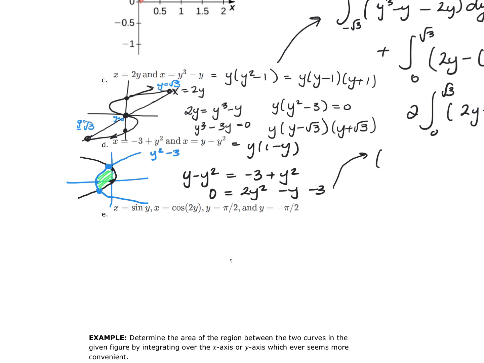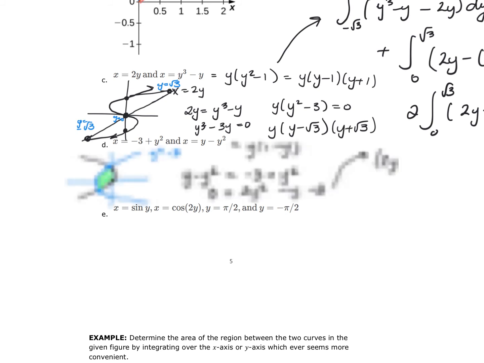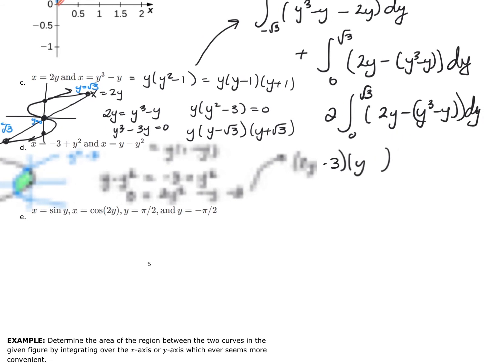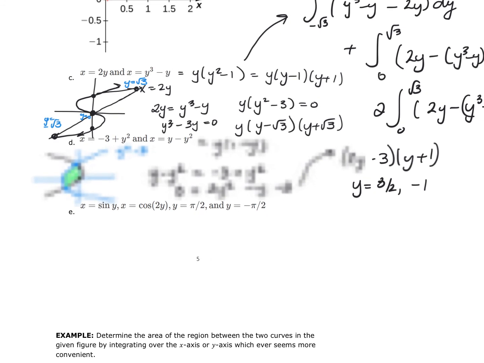And then this factors, so I'm going to have 2y minus 3, y plus 1. So my y values are 3/2 and -1.